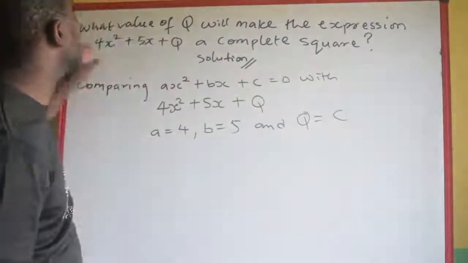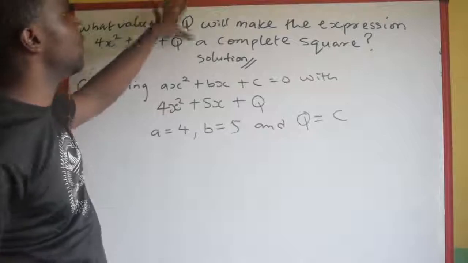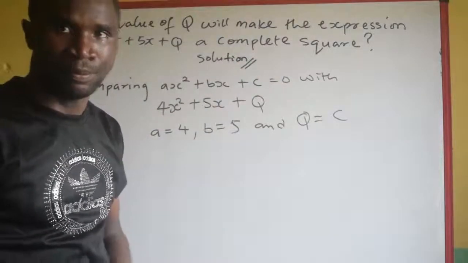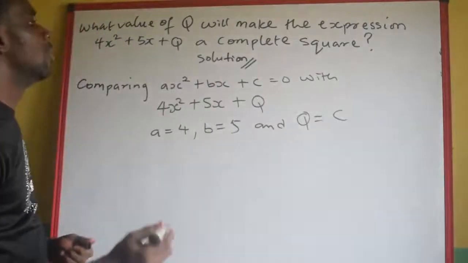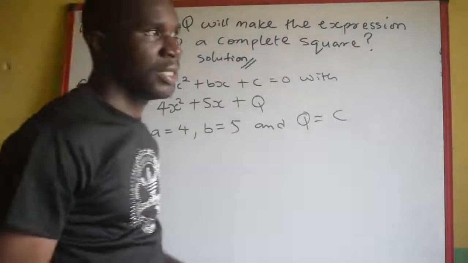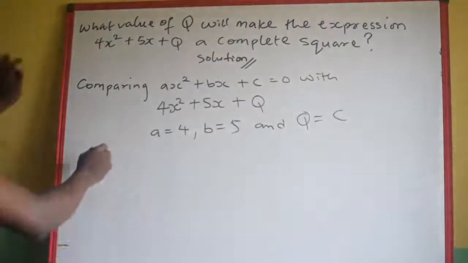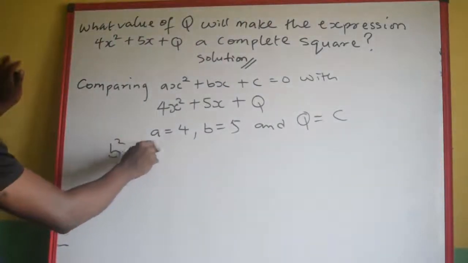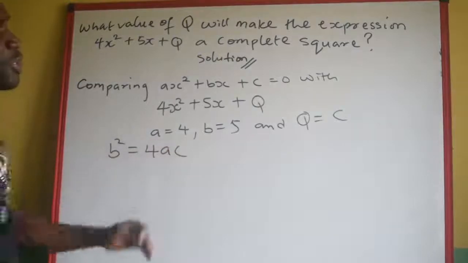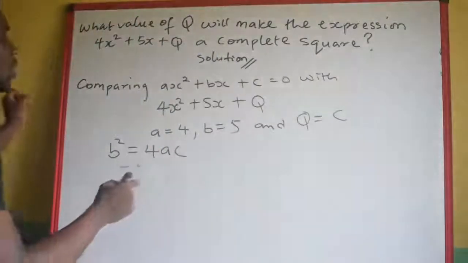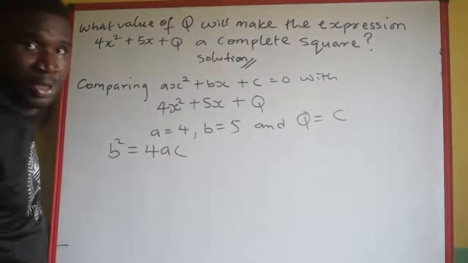And the person is interested to know the value of q that will make this expression to be a complete square. So, for a quadratic expression to be a complete square, you should know that b squared must be equal to 4ac. So when you remember this, you are good to go. So the next thing is to put the value of b where it's supposed to be.